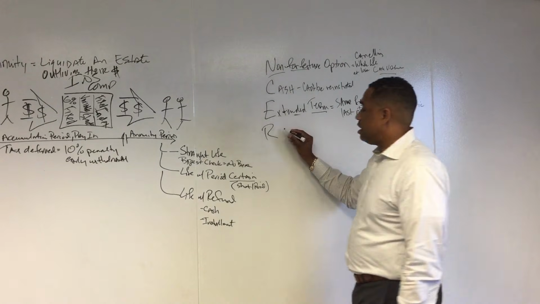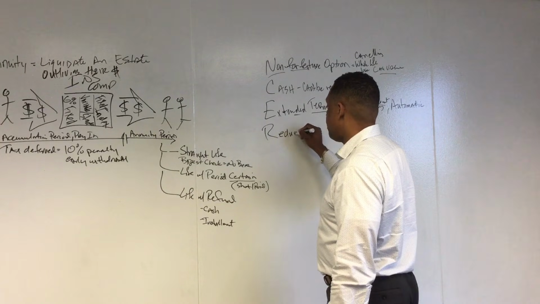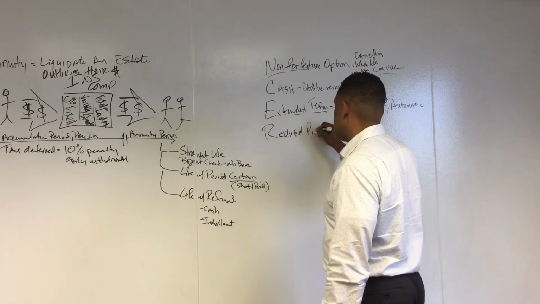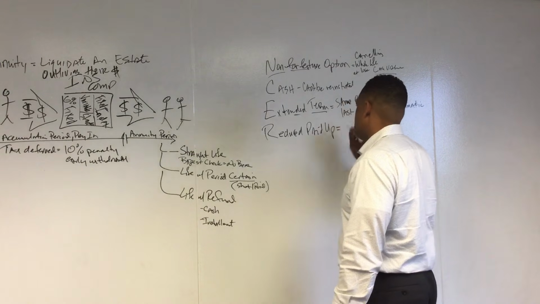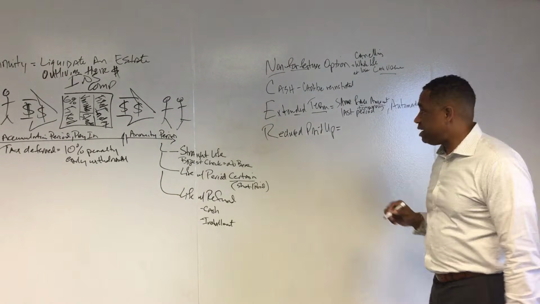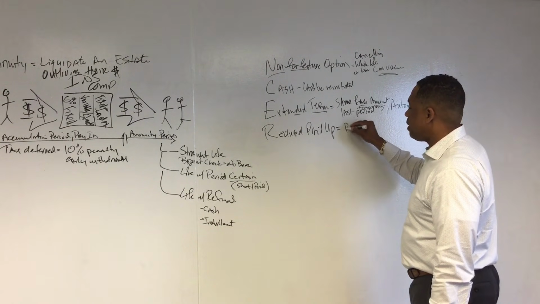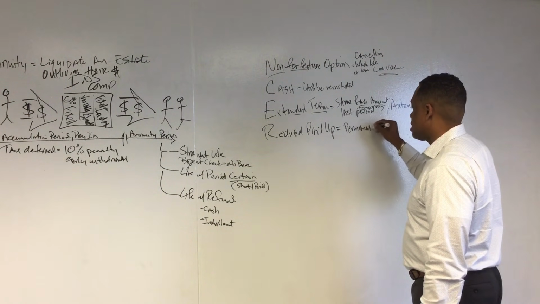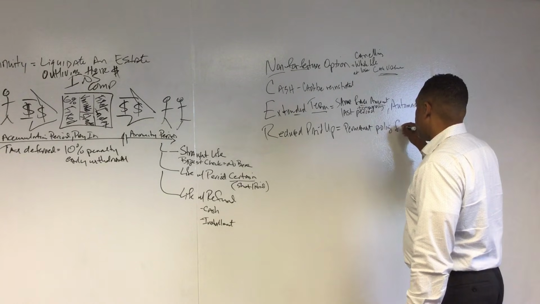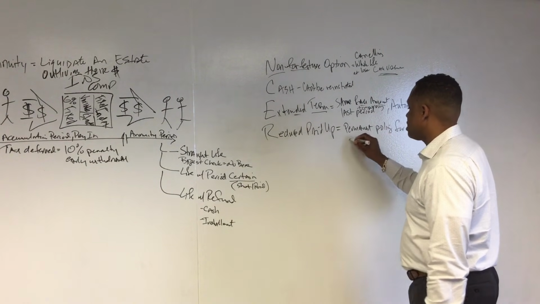All right? The next one is reduced paid up. Reduced paid up is you're taking your cash value and you're buying a permanent policy for less coverage.